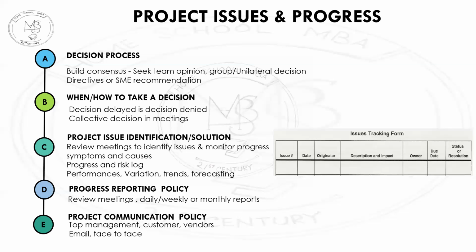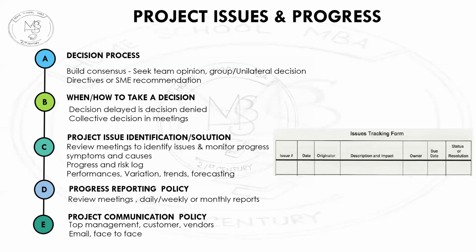Therefore, the decision must be timely, accurate, and relevant in order to solve that particular problem. That can be done through a collective decision making process, that is in review meetings, or even a special meeting can be called to take a certain decision regarding a certain issue or problem.